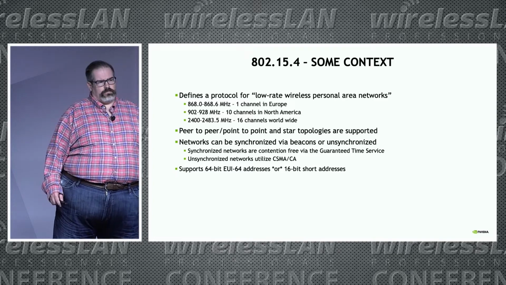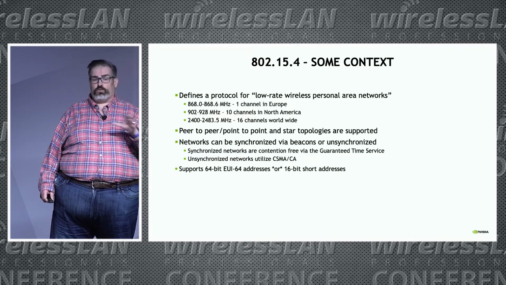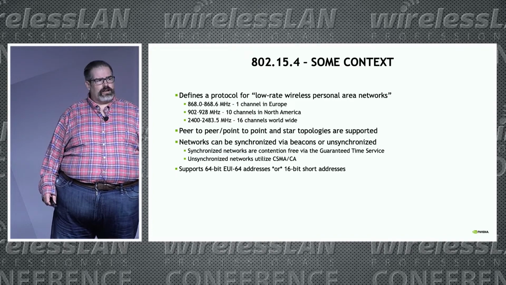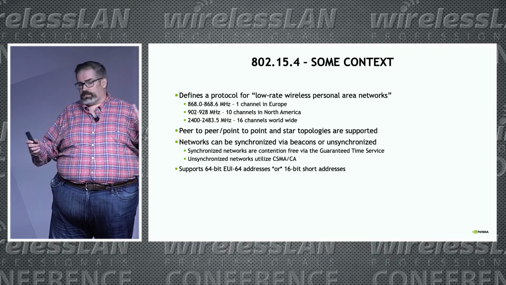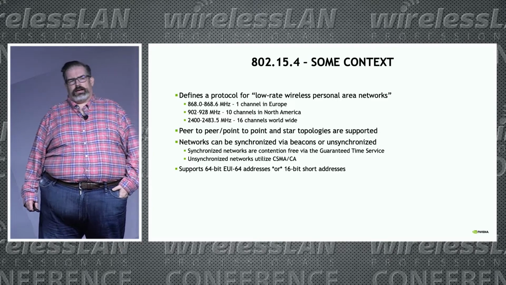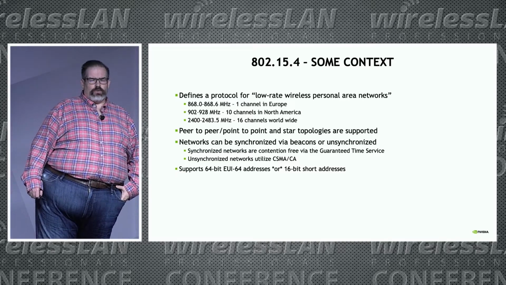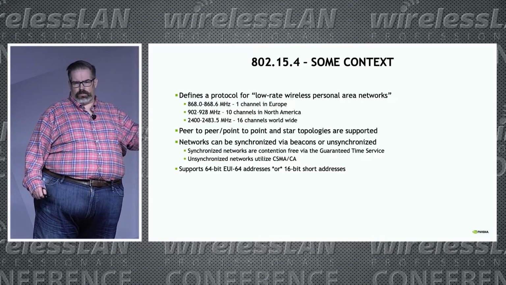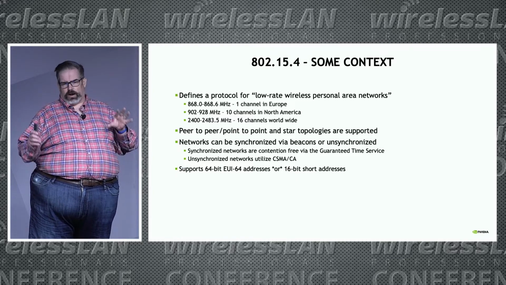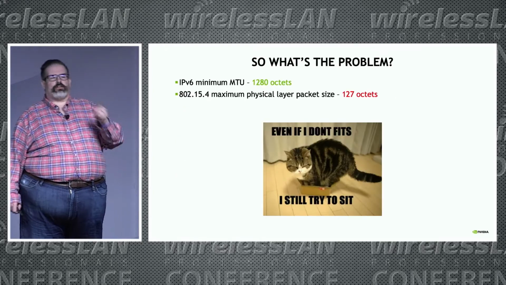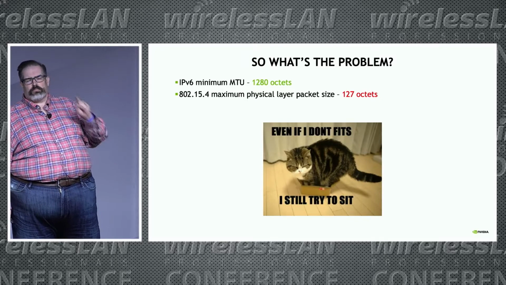So the idea of not having to worry about contention is cool, although there are unsynchronized networks, and those also have the same contention avoidance technologies that we're kind of used to. And it supports using these EUI 64-bit addresses, or in a personal area network, you can use a 16-bit short address.